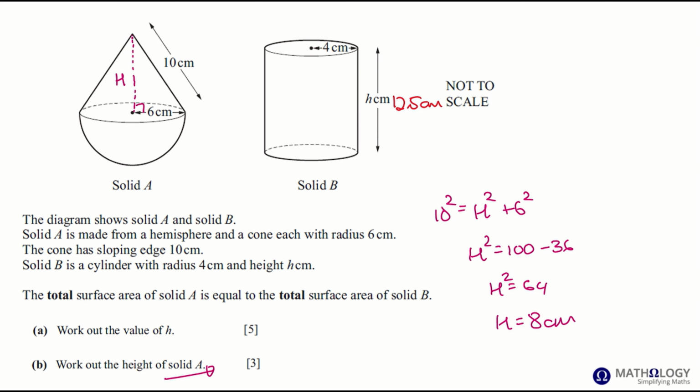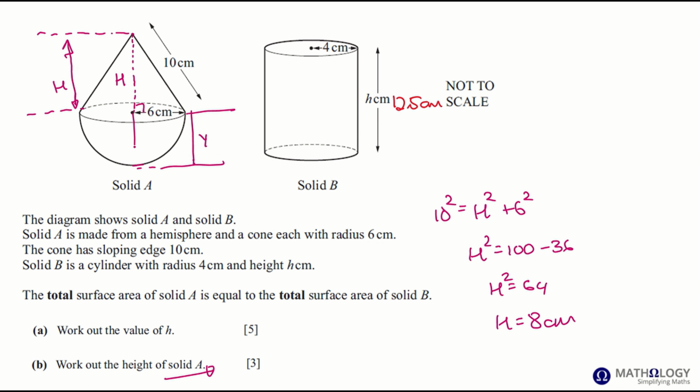Okay, so we've just determined the height. That uppercase H is just the height of the cone. We also need to know what this height is here. The height of the solid extends to the bottom of the hemisphere. So we'll call this y, just to be different.